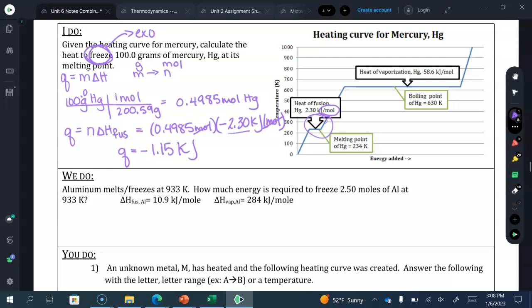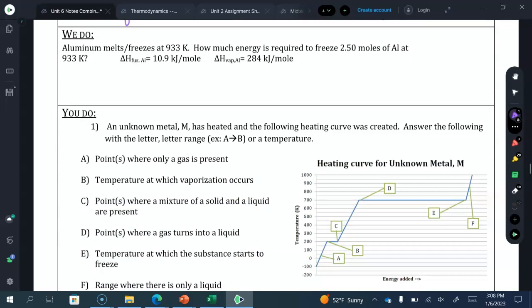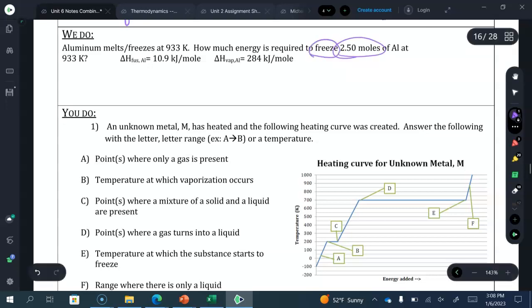So let's practice another one, and I'm going to help get you guys set up, and then I'm going to ask you to pause the video. Aluminum melts or freezes at 933 Kelvin. How much energy is required to freeze 2.50 moles? And we are freezing. Freezing, remember, is an exothermic process at 933 Kelvin. They give us both the vaporization and the fusion.